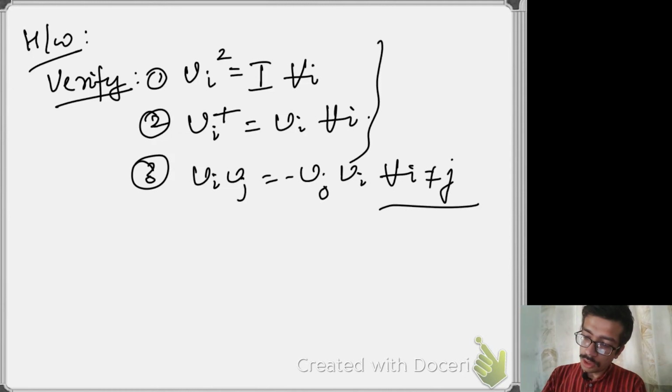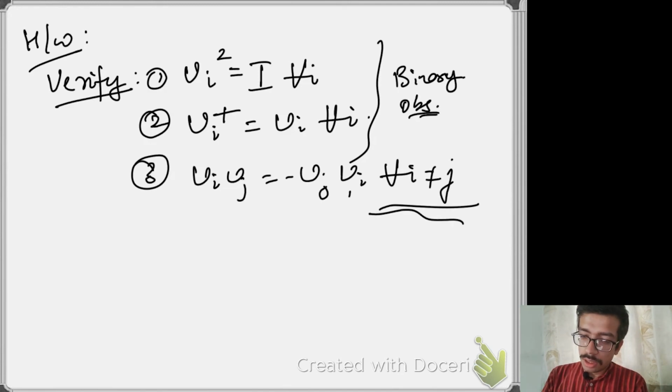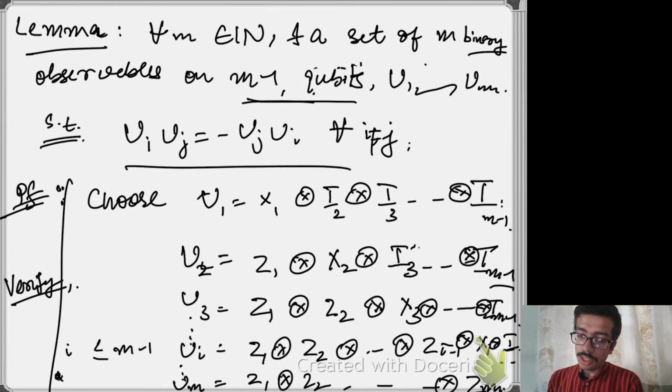The first two conditions ensure that these are binary observables, and the third condition says that it satisfies the required conditions of our lemma, that is they indeed anti-commute.